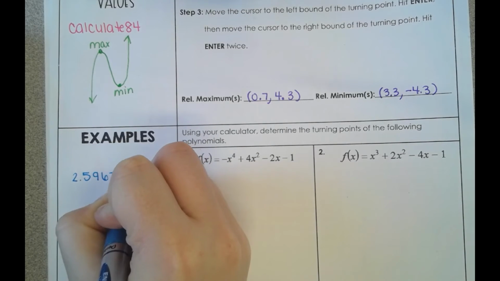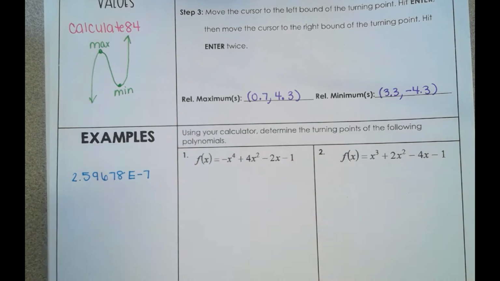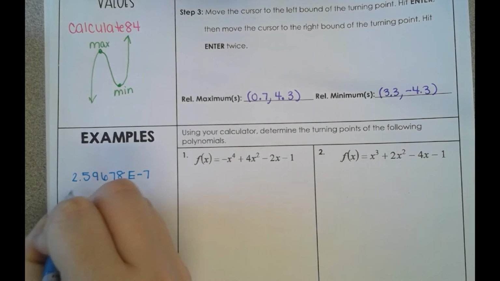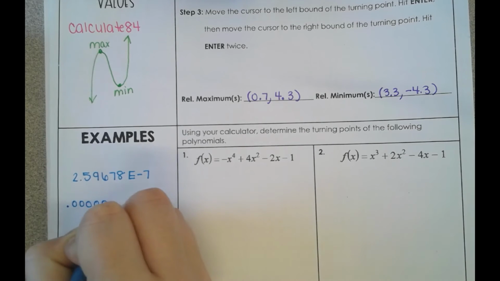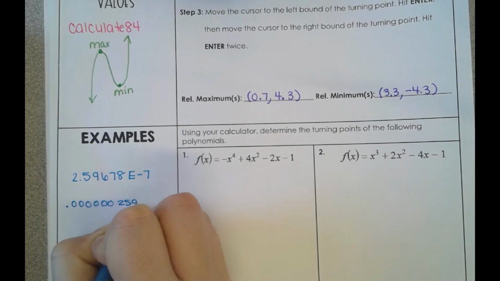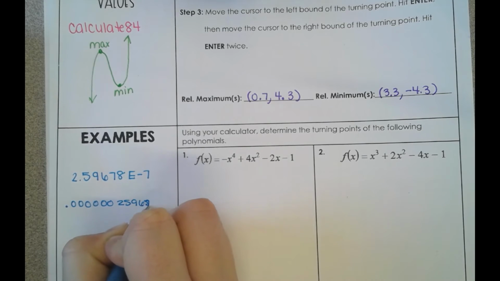2.59678 e negative 7. This is scientific notation, and basically it's saying that we take this decimal and we move it to the left 7 spots, and then we would fill in zeros. So our answer, if we did that, would be 0.0000002599678.